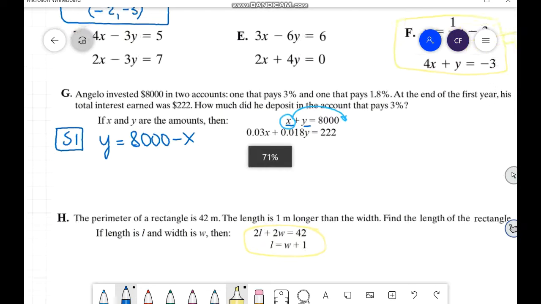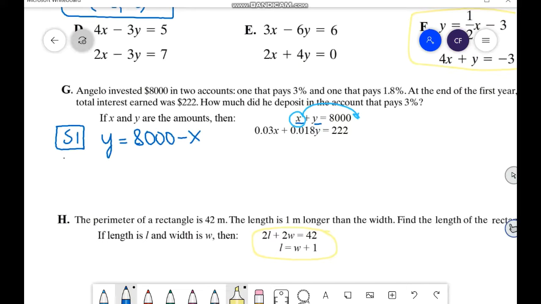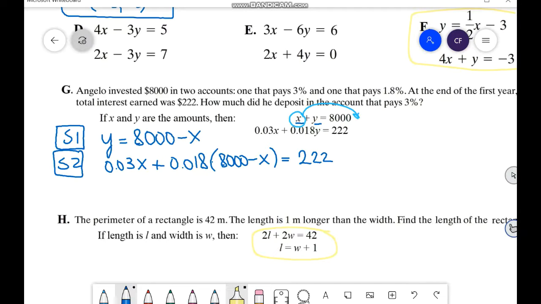Now step number 2, get the next equation here, 0.03x plus 0.018y, but instead of y, I'm going to write this, 8,000 minus x, equals 222. Okay?